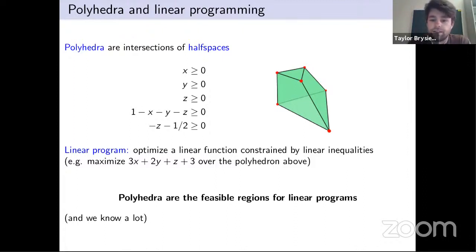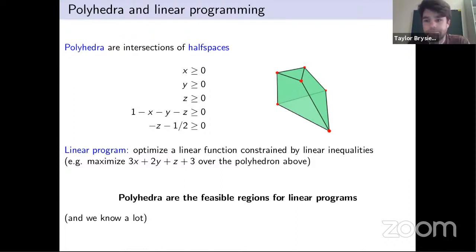Optimizing a linear function means just finding the maximum face in one of the directions, for example. I might want to maximize the function 3x plus 2y plus z plus 3 over this polyhedron that I've drawn on the right. That will give me some face of this. And these are very important when it comes to applications.